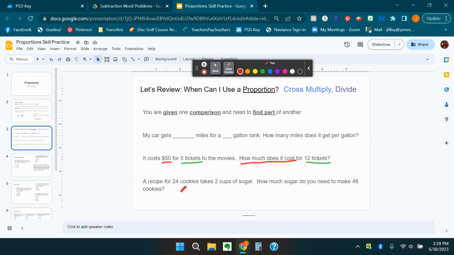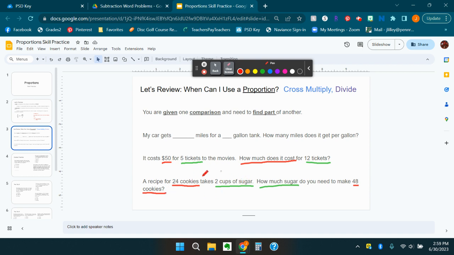We often also use proportions when we're looking at recipes. A recipe for 24 cookies takes 2 cups of sugar. How much sugar? In this case, sugar is the piece I don't know. Notice I'm keeping the color coding the same as well. How much sugar am I going to need if I want to make 48 cookies?